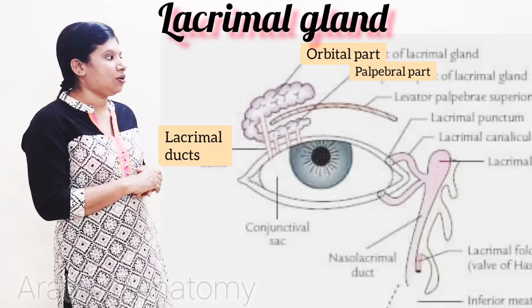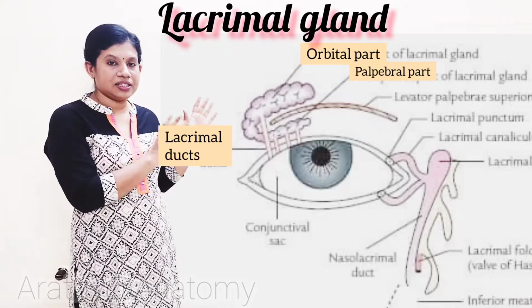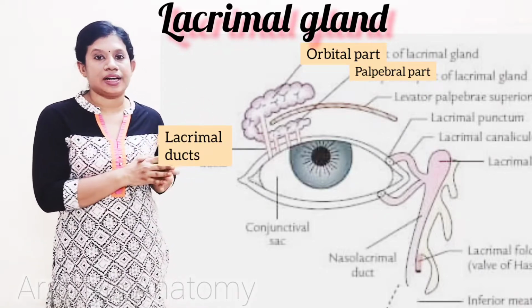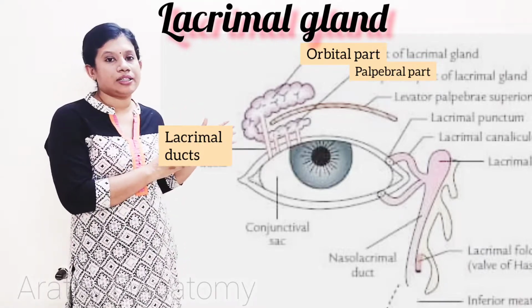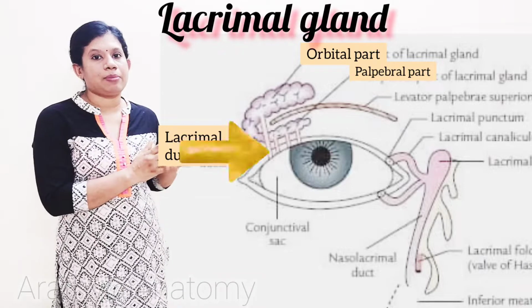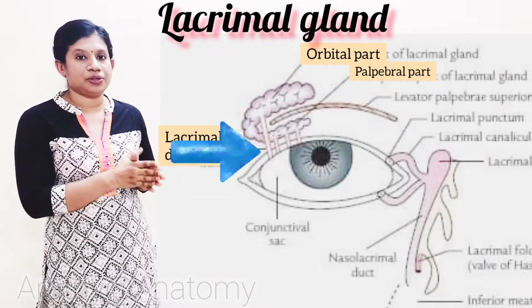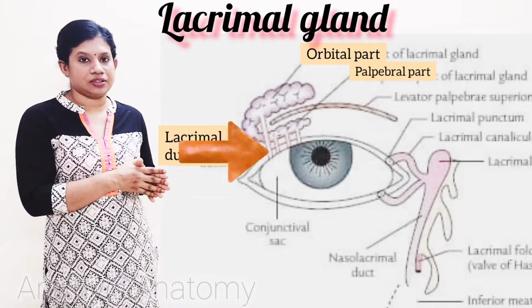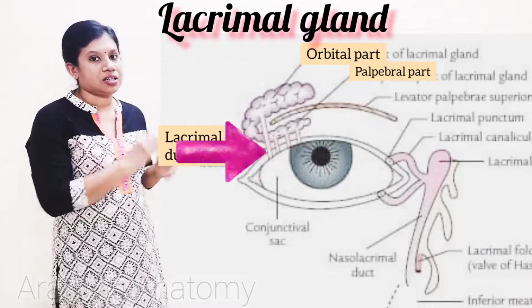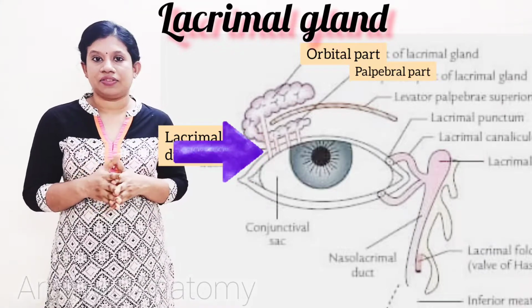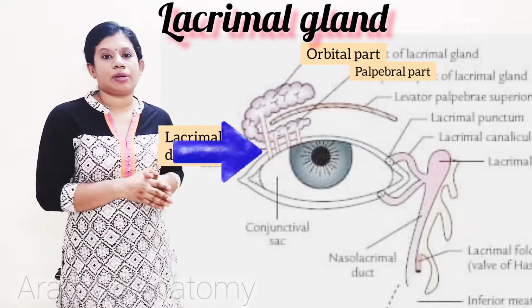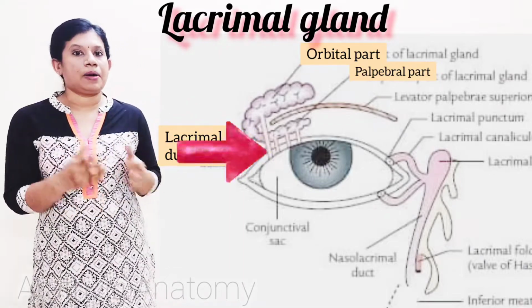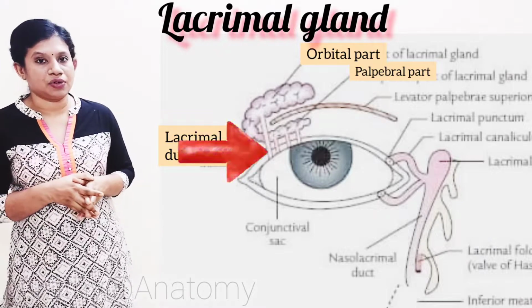Now it is an exocrine gland, so it consists of ducts. The ducts of the orbital part pass through the palpebral part and open into the conjunctival fornix.